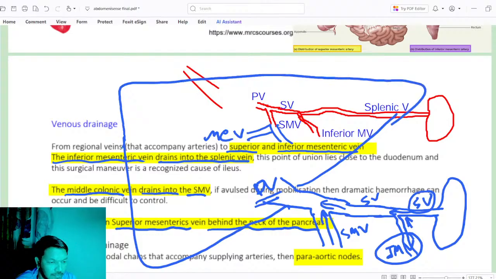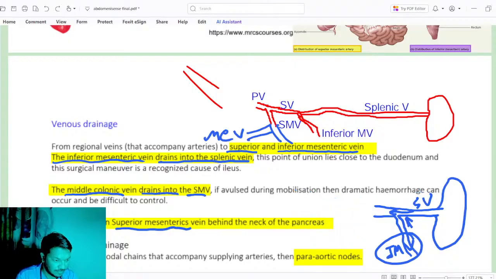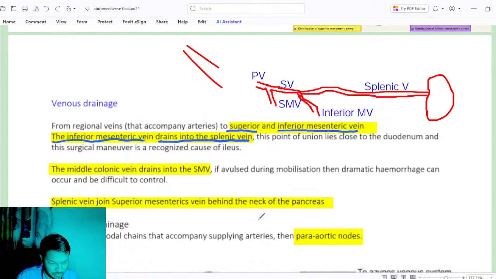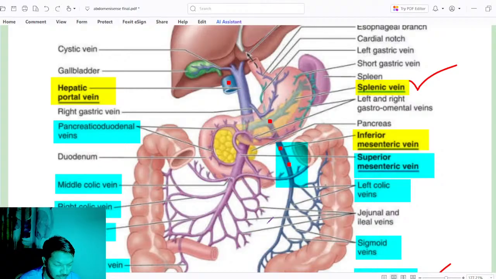Okay, who can repeat quickly? Very good. See the picture. This is the inferior mesenteric vein, right?